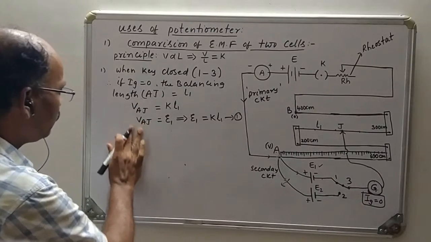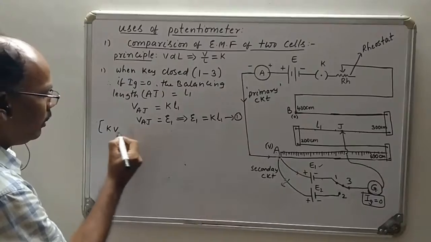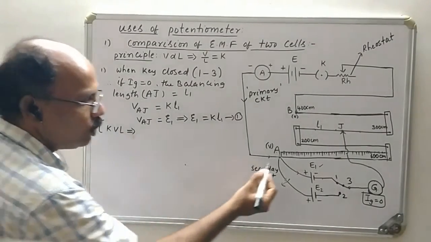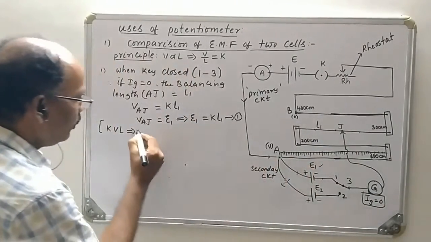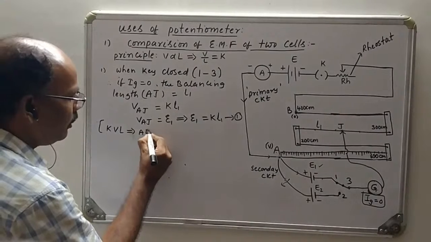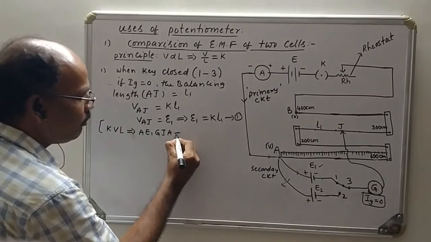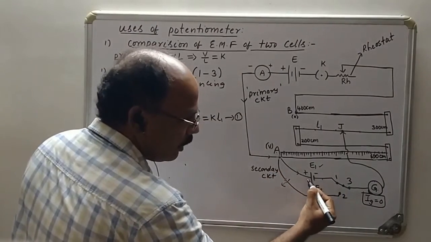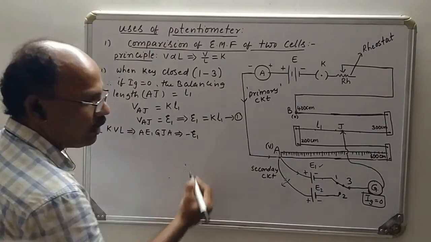So from KVL, the closed loop is A E1 G J A. While we are moving in this direction, from higher potential to lower potential, it means minus E1.